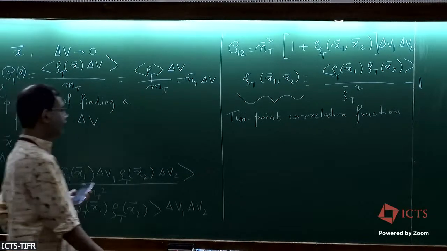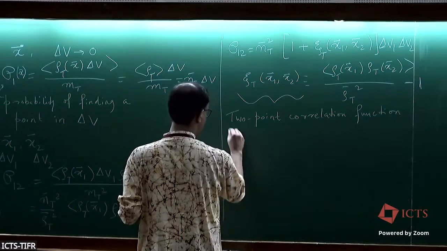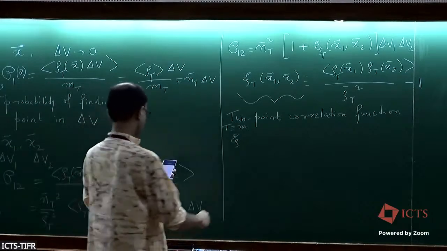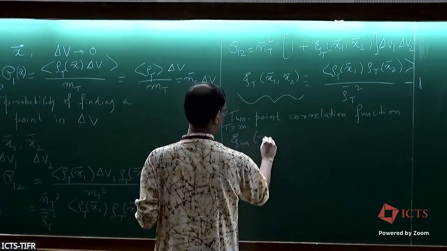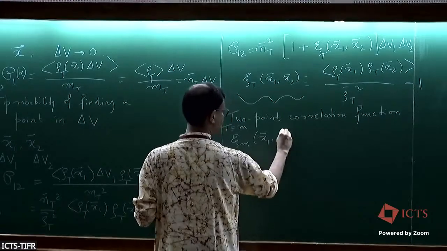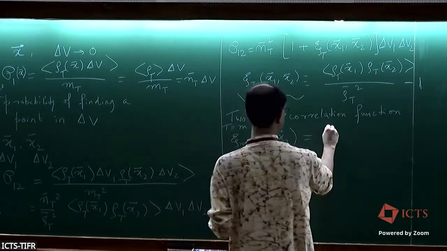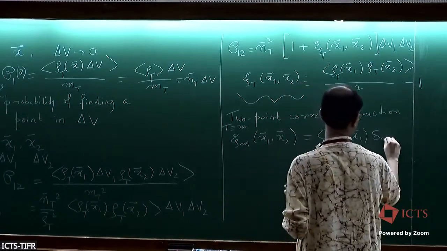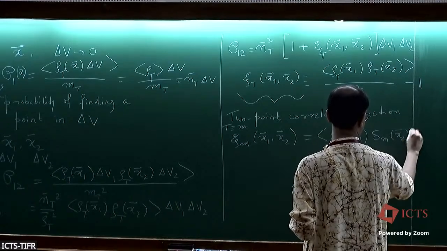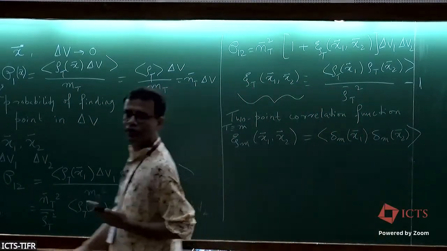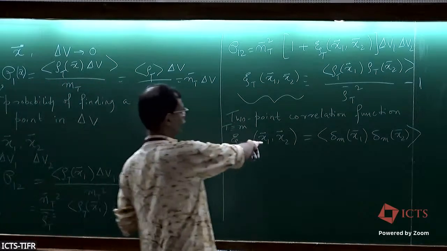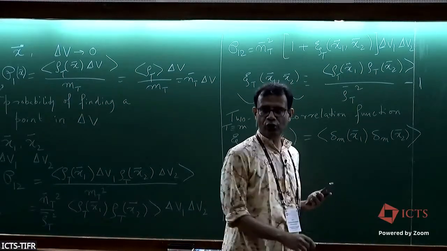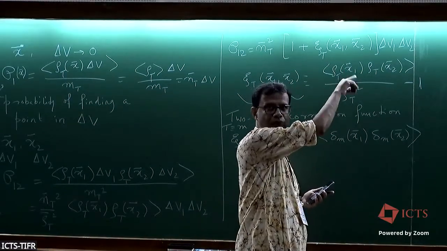In terms of the density contrast, suppose now I say t is m, I'm just talking about the underlying matter distribution. So psi_m of x1, x2 would basically be delta_m at x1, delta_m at x2. If you put this as m, you will have rho_m, then you write rho_m as rho_m bar times 1 plus delta.